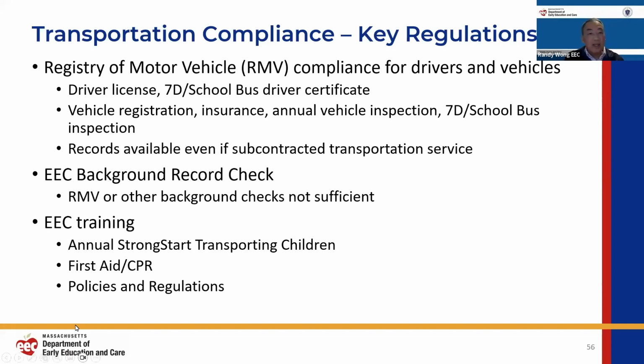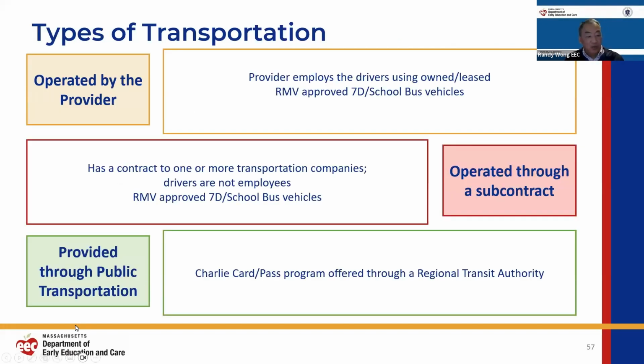Okay, so the next slide just really covers the different types of transportation. You'll likely recognize yourself as being in one of these categories. That's a self-operated transportation program, where you employ the drivers and you own or lease those RMV approved 7D or school bus vehicles.